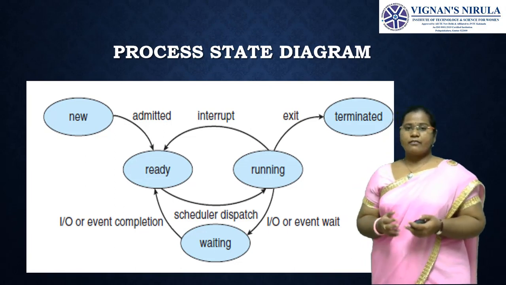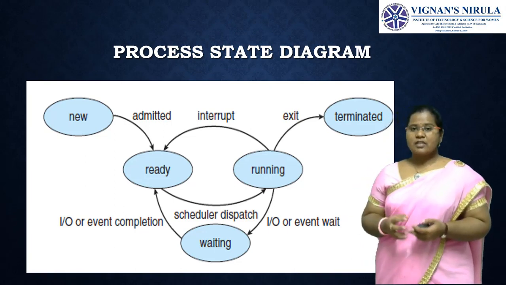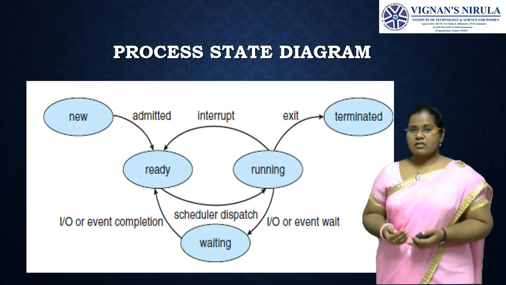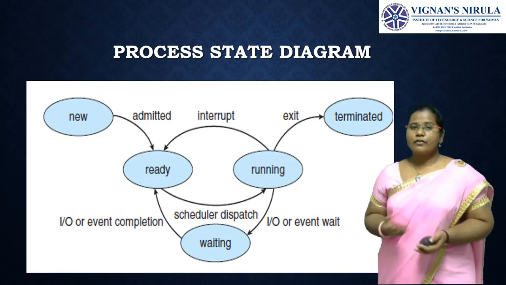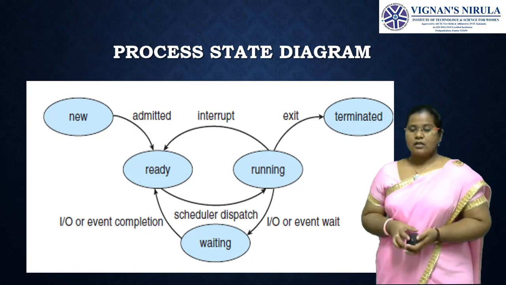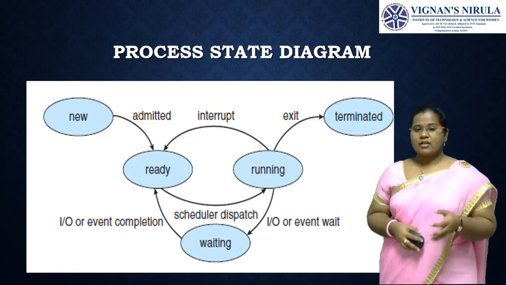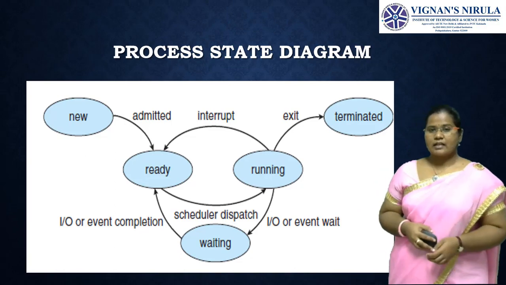Once your process executes completely, it is moved to the terminated state. If your process has an interrupt or an error, then it will be moved back to the ready state. So this is about the process states, and you can see each and every state in this diagram.